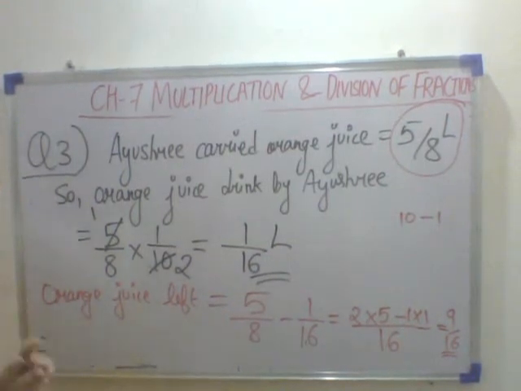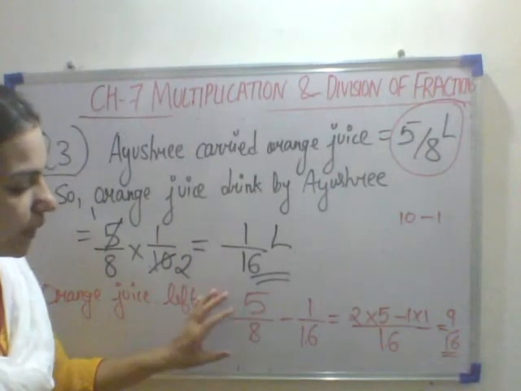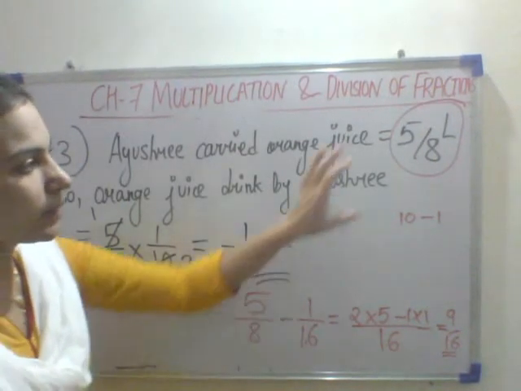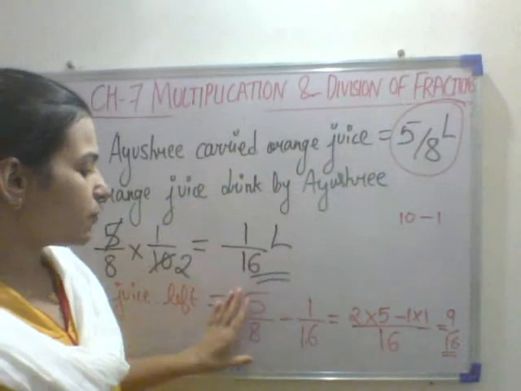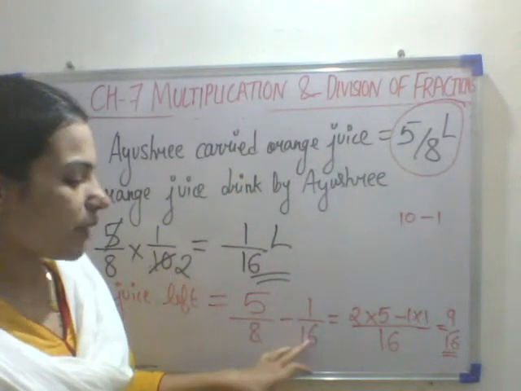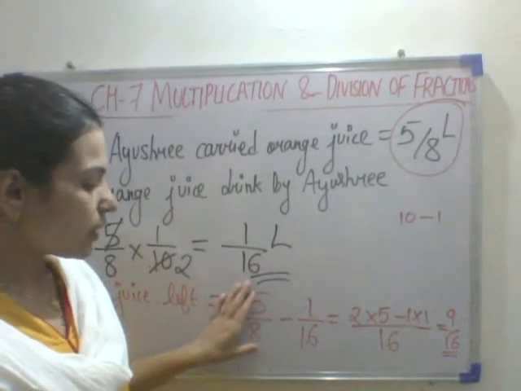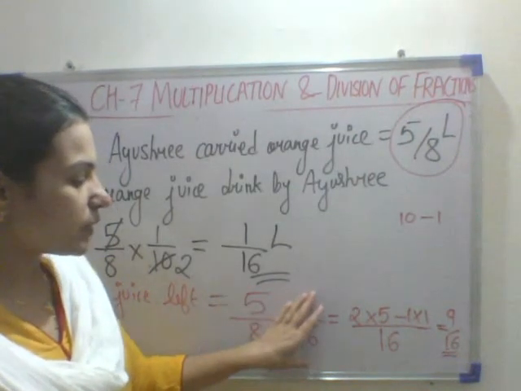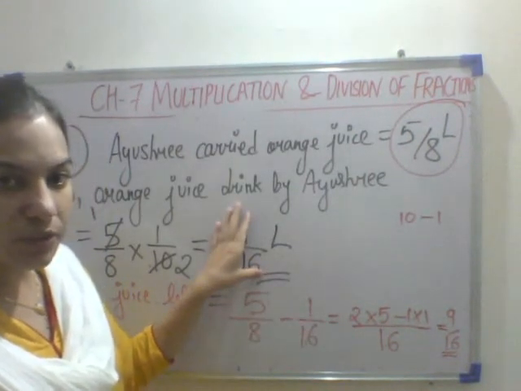Now the second part of the question: you have to tell how much orange juice is left. So you will be subtracting what she has drunk from the total orange juice. This is the total orange juice, and 1/16 is what she has drunk.